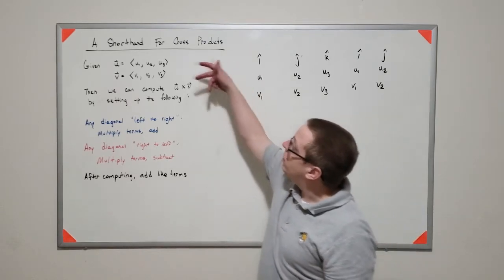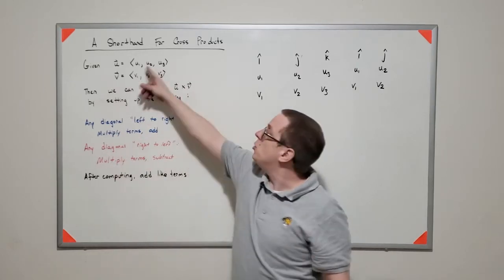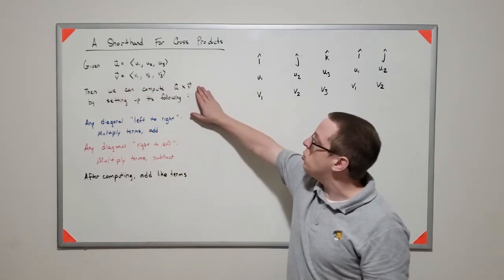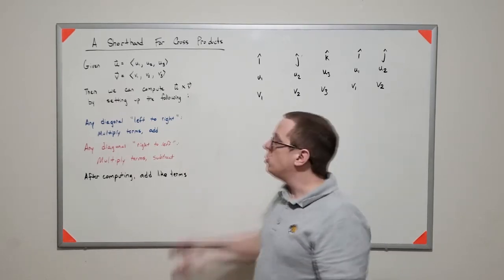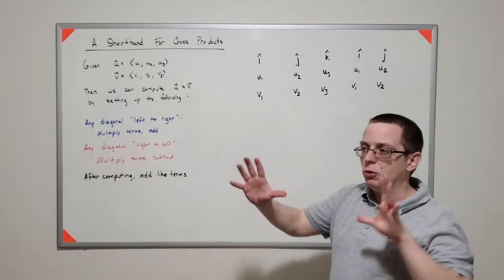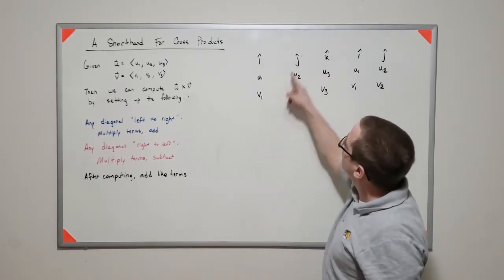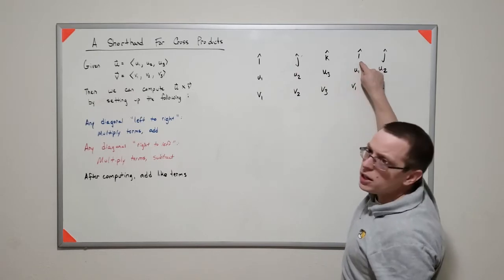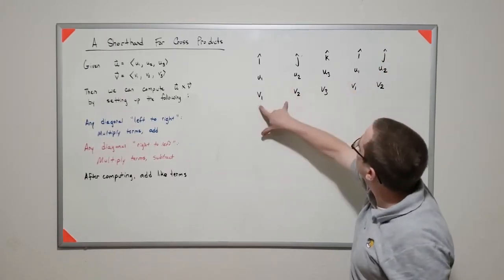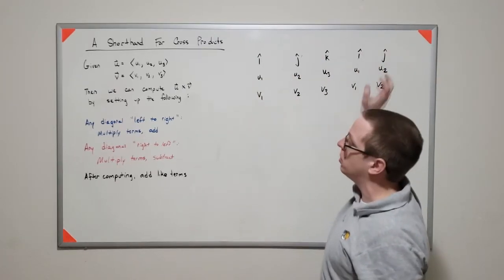Anyway, so if we're given two vectors, u and v, that have components u1 through u3 and v1 through v3, and we want to compute u cross v, what we do is we construct this little figure. So we have i, j, and k, and then we have an additional i and j where we repeat those. So if you think of these as columns, we have two repeated columns.